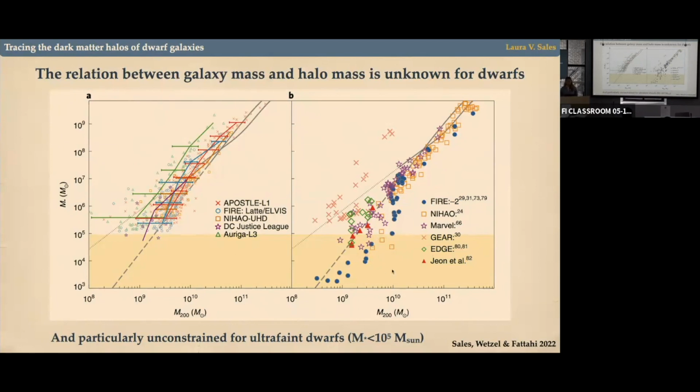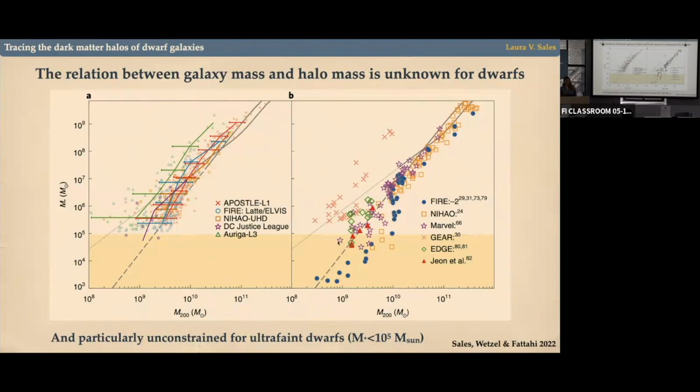And you see that in this yellow region, this ultra faint regime, there are not many predictions, just because this is hard. These are cosmological simulations that are trying to resolve the smallest galaxies out there. And so for this particular plot, we selected things that were resolved with at least 20 particles. And that resulted in this number of galaxies.